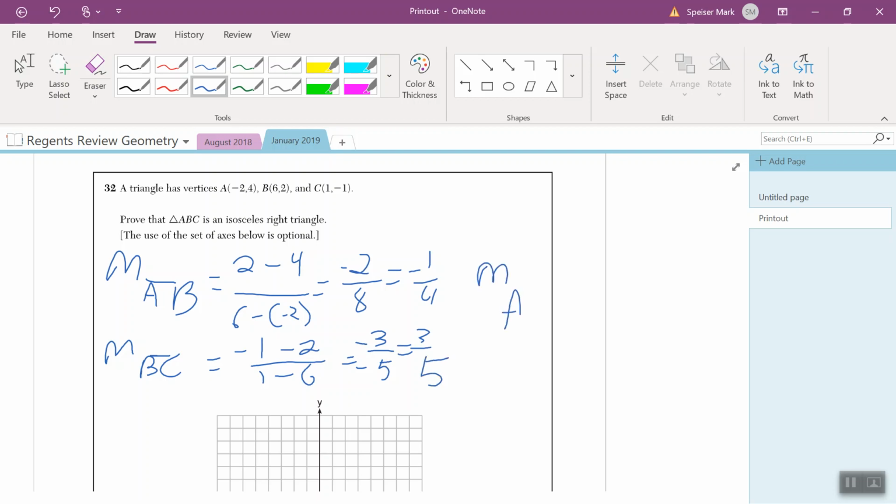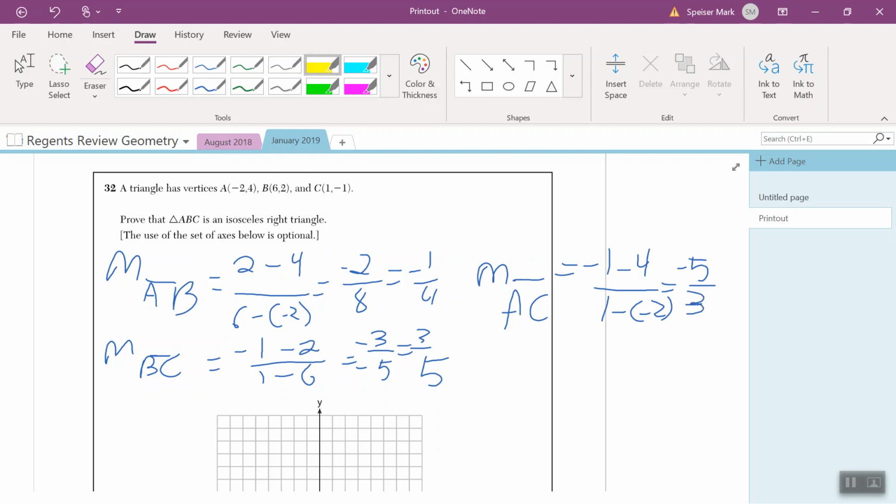Then you find the slope of AC, which is -1 minus 4 over 1 minus -2, which is -5 over 3.